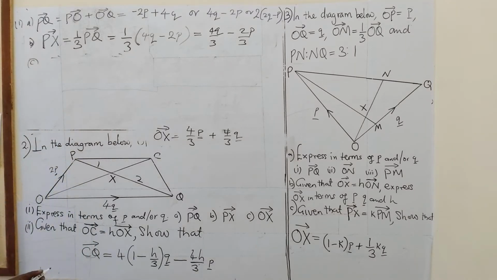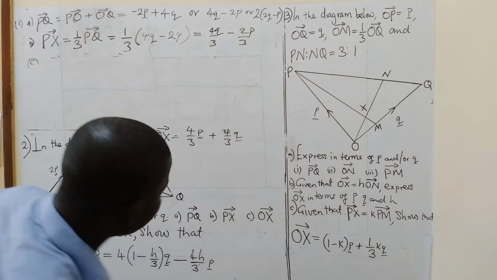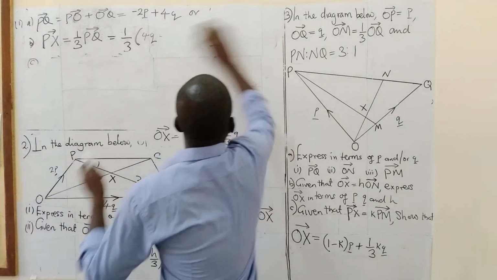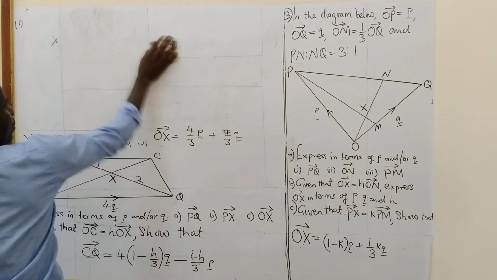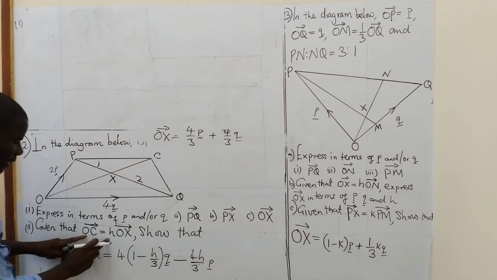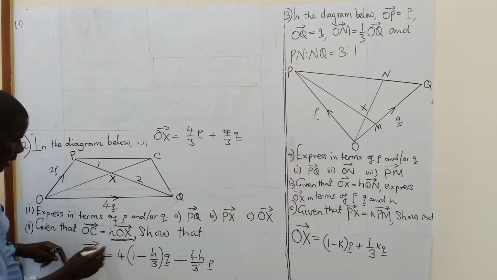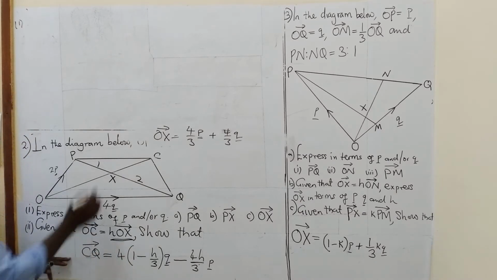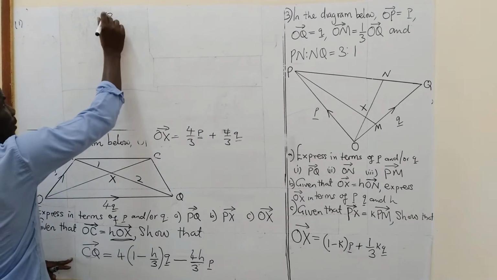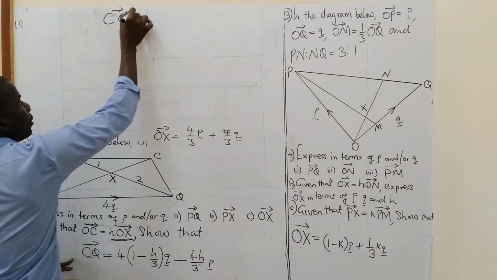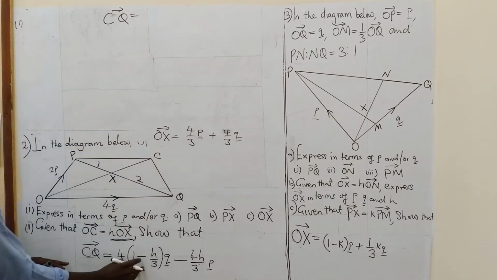So what this means is that we are saying if OC is equal to this, then find this vector. We need to prove that CQ is equal to what we have been given here.